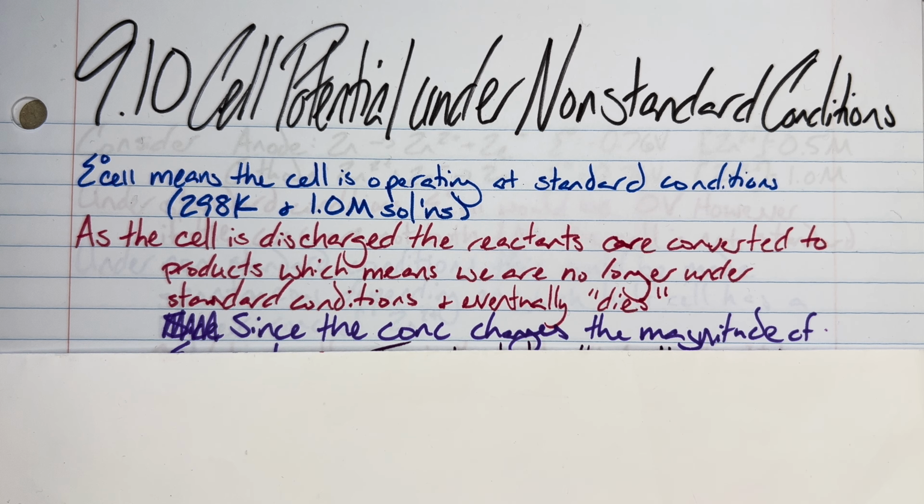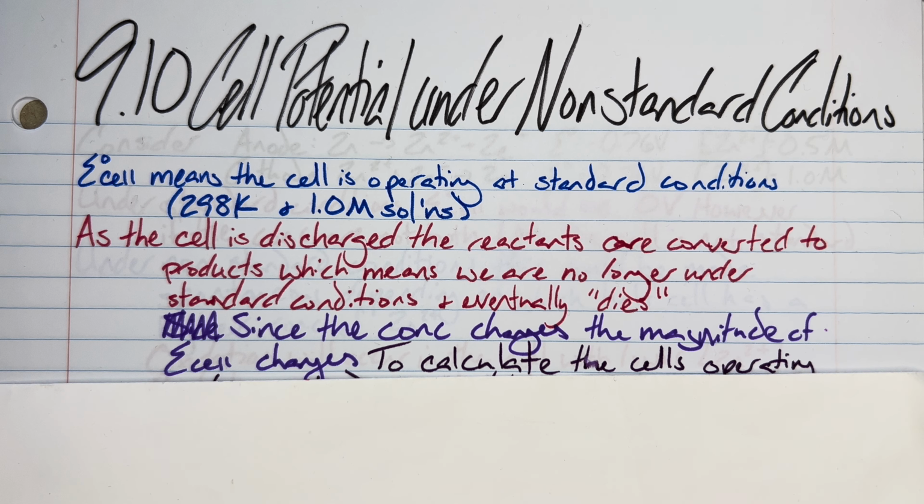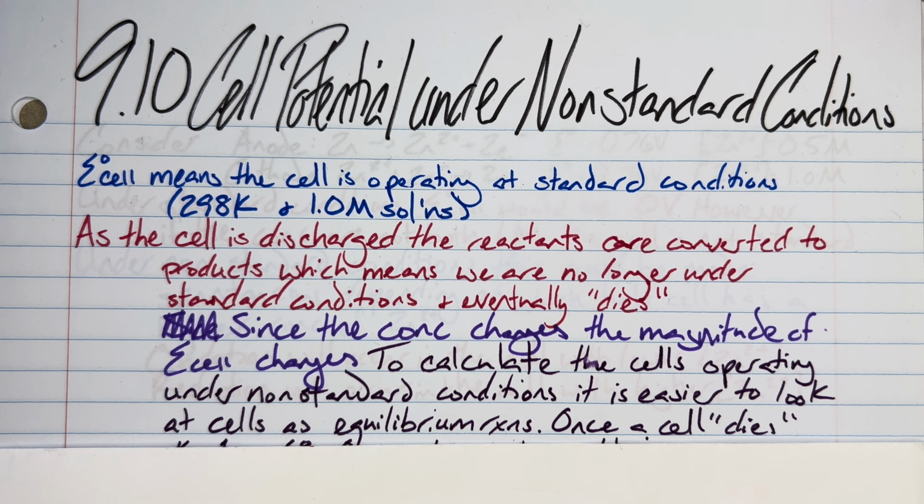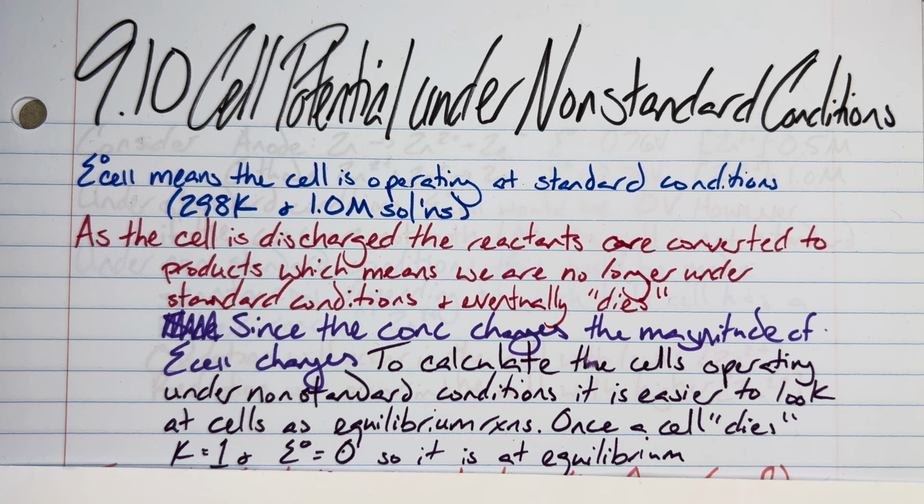And since the concentration changes the magnitude of the cell potential, it will also change. To calculate the cell potential under non-standard conditions, it's easier to look at the cells as equilibrium reactions. And once a cell dies, then our K value will be 1 and our cell potential will be 0. And so we will be at equilibrium at that point.